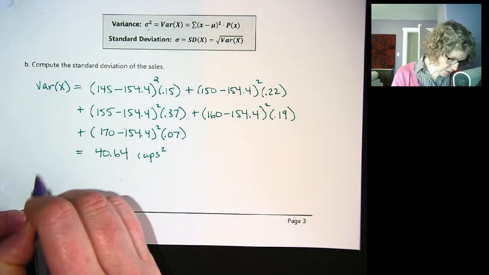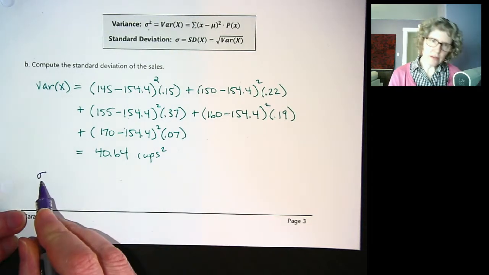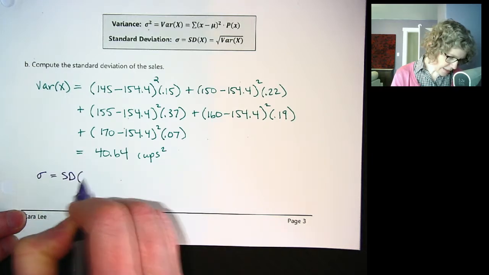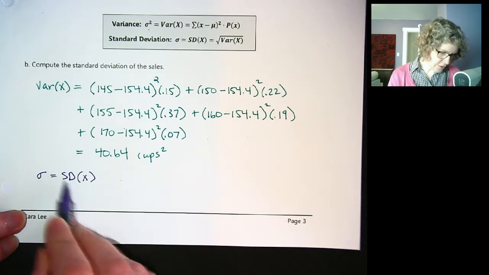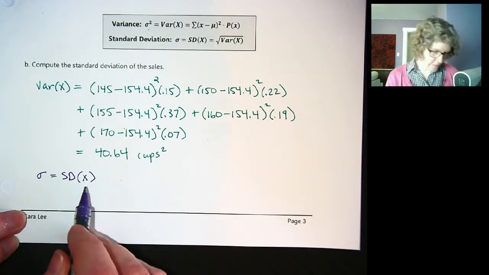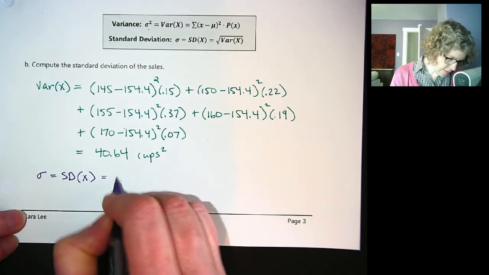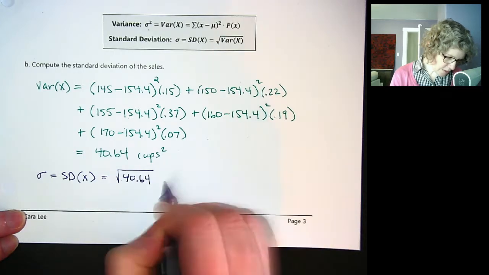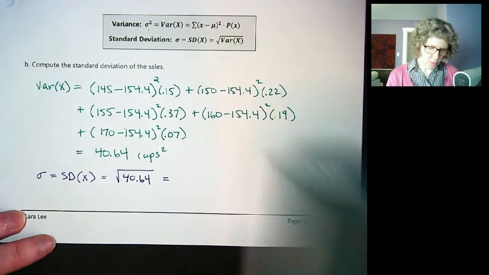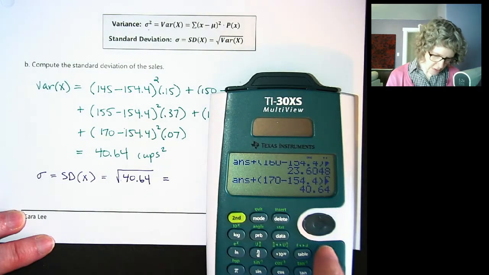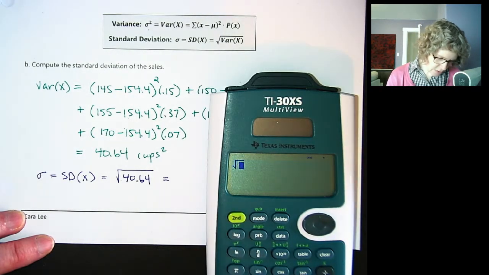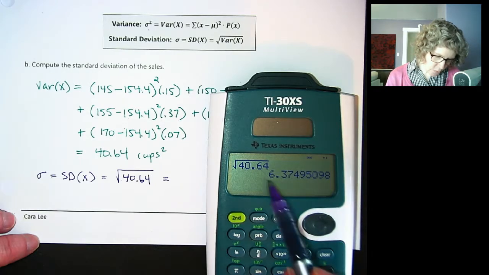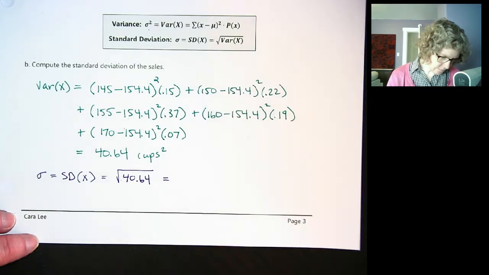Standard deviation is labeled with sigma, or in this context we also use SD of x. It's function notation. It's the standard deviation of x, and that is the square root of 40.64. And then we'll get back to cups. So the square root of 40.64 is 6.37 cups of coffee.